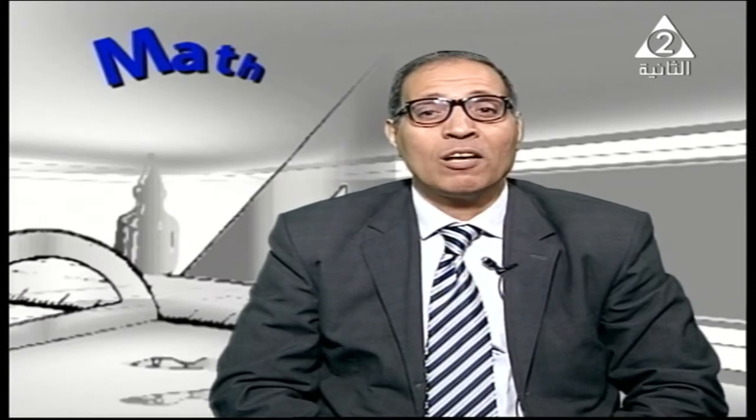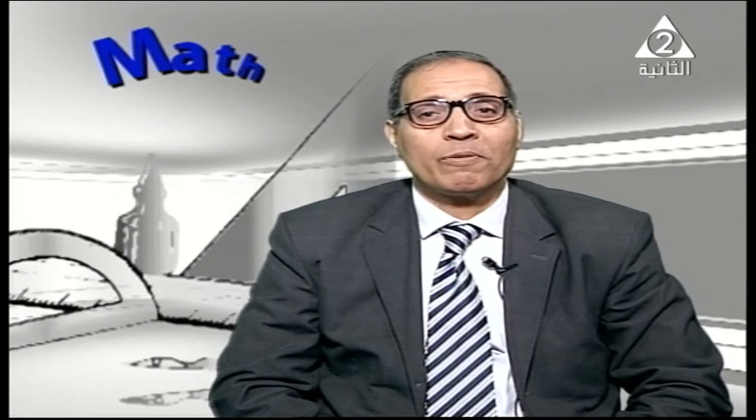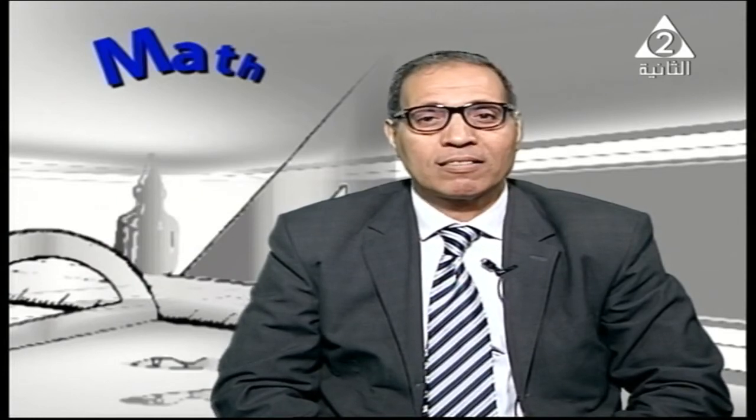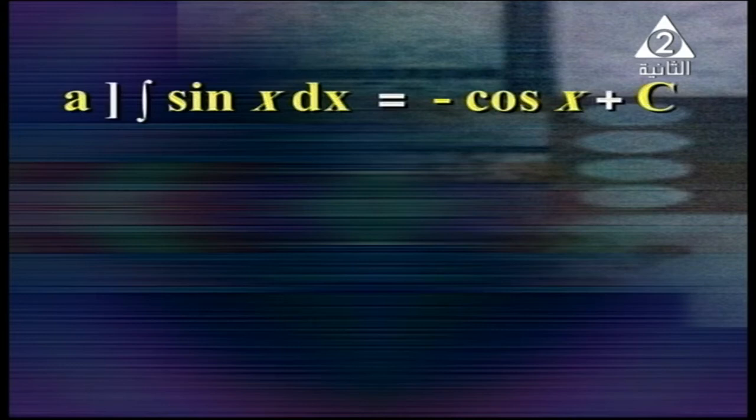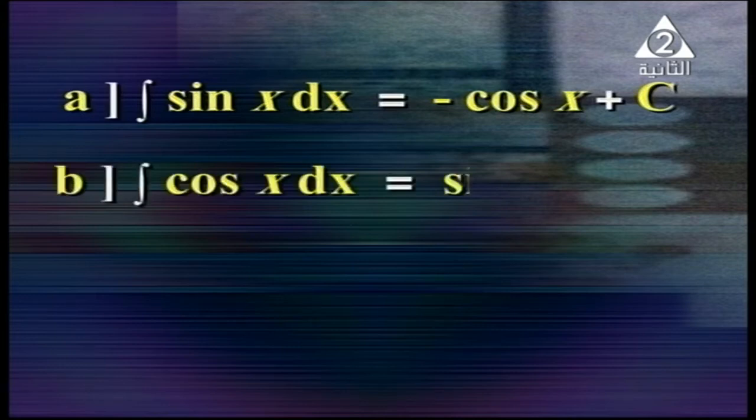Dear student, look at the integration of some trigonometric functions. We know that the integration of sine x dx equals negative cosine x plus c. The integration of cosine x dx equals sine x plus c.